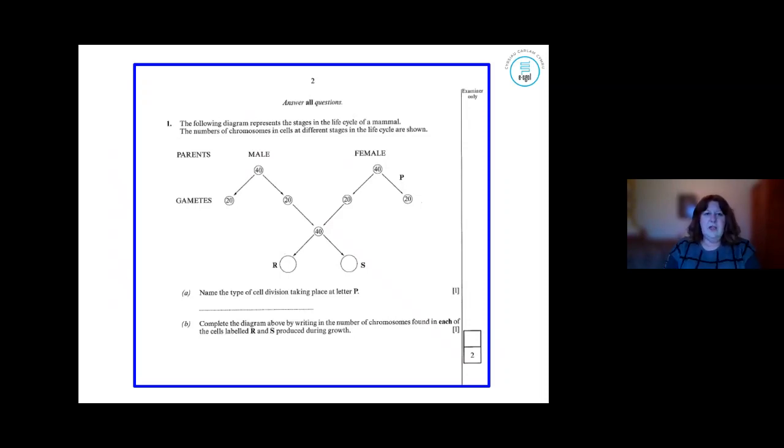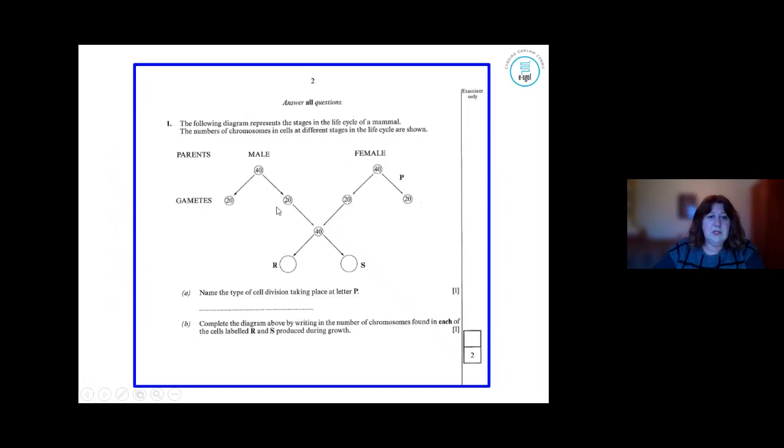So what we have here is a question, and it says the following diagram represents the stages in the life cycle of a mammal. The numbers of chromosomes in cells at different stages in the life cycle are shown. So in this case, they've given us the chromosome number. We've got 40 in this case, a male of 40 and a female of 40. And we can see that in producing the gametes, we've now got half the number.